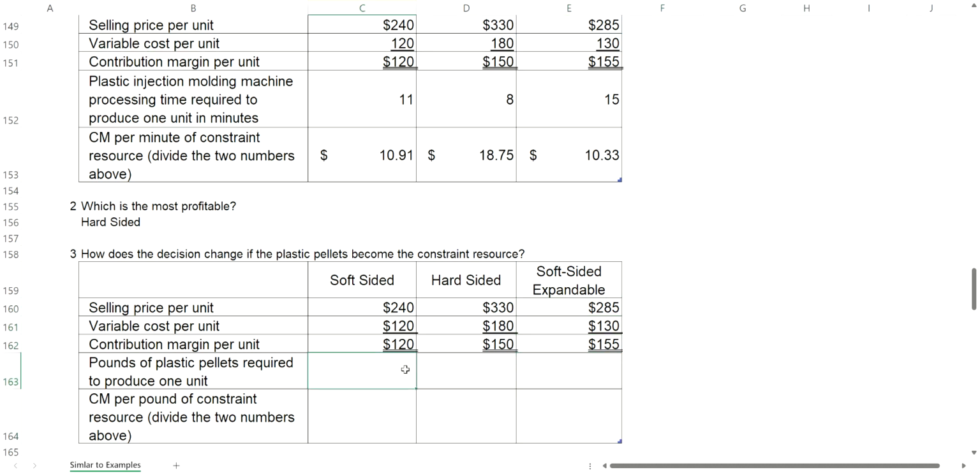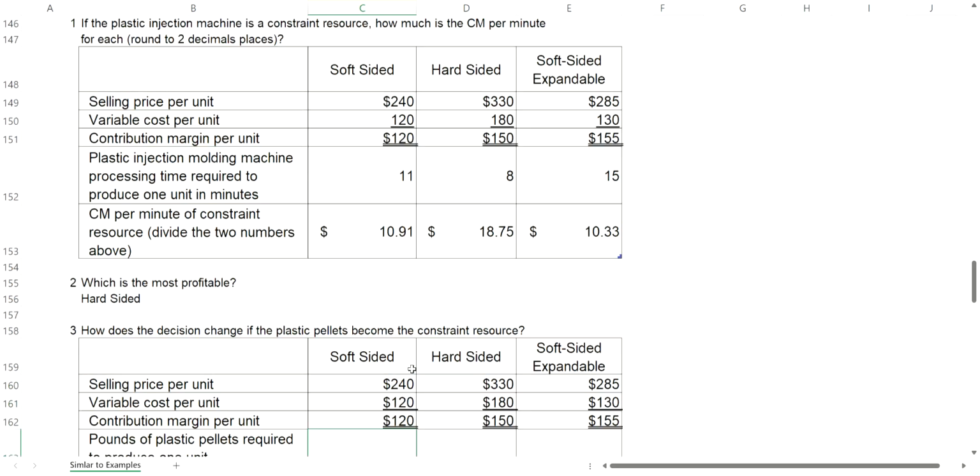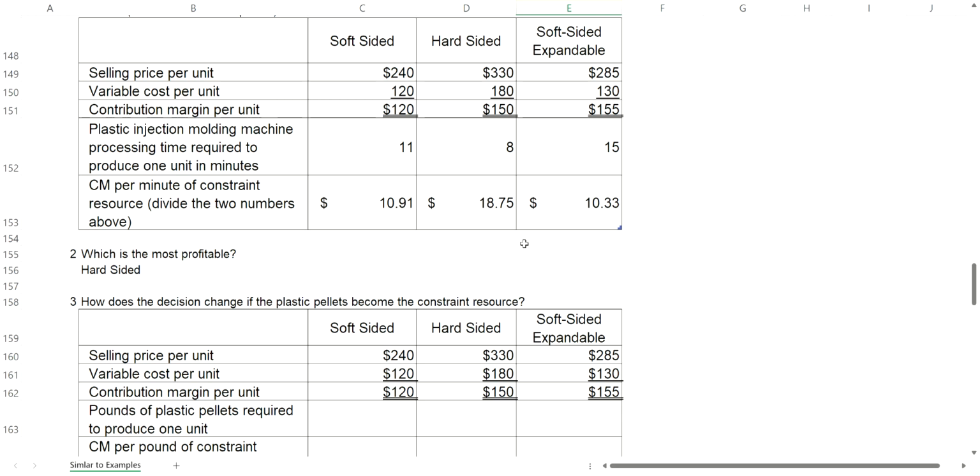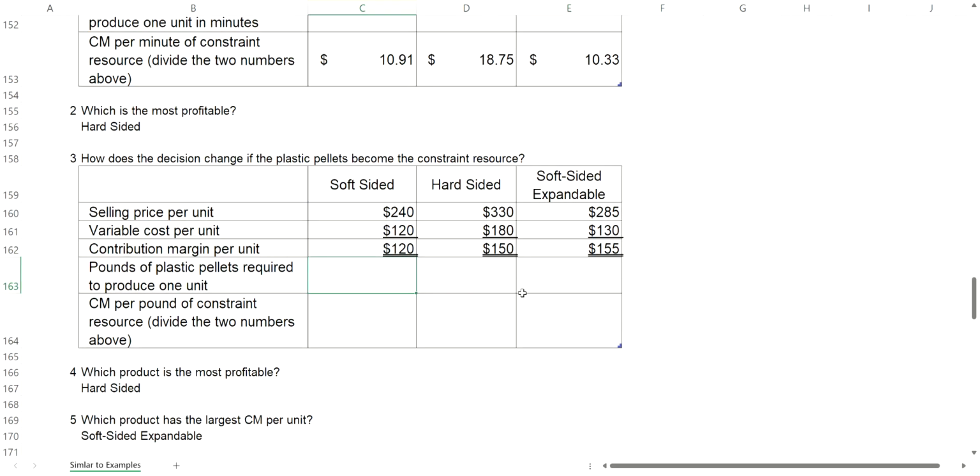Now, in this case, it's the pounds of plastic. This is my constraint resource. If you notice here, it's 9, 6, and 15. So I will fill in 9, 6, and 15. Those don't need dollar signs, so I'll format those for just a plain number.